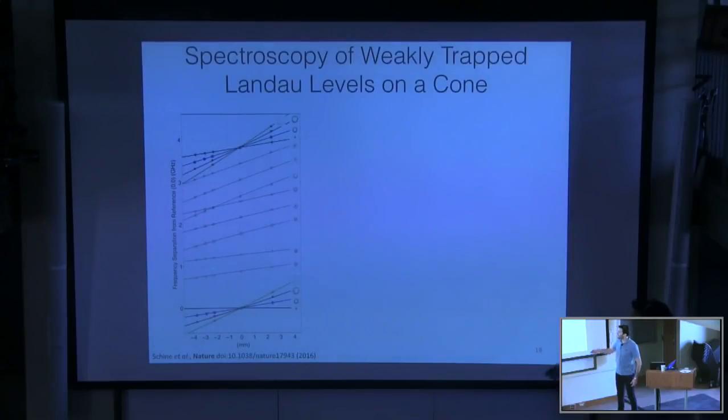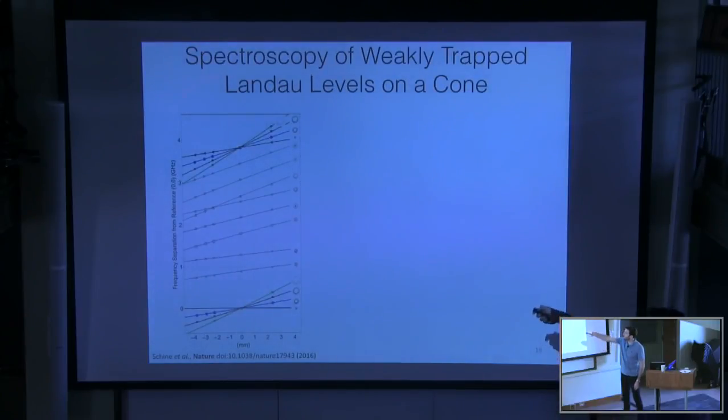The basic game is to just do spectroscopy of the single particle eigenstates as we vary the resonator length, which changes a combination of the twist and the harmonic confinement. And what you see is we have L equals 0, 3, 6, 9, and we can just image these modes with a camera. As we vary the resonator length, they come into degeneracy at this point.